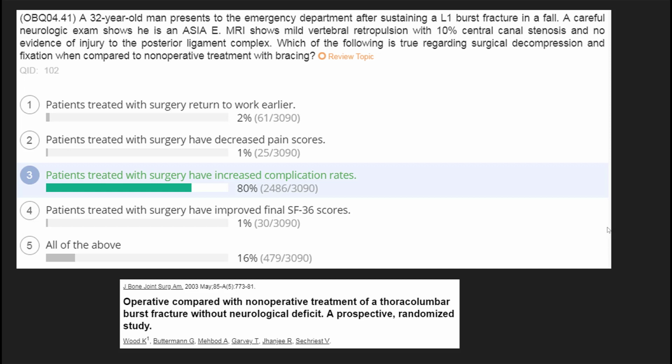So this article was in 2003. This was a backlash to pedicle screws, because when pedicle screws in the thoracic spine became very popular, around '97, '98, '99, before that it was hooks. So all the trauma surgeons were treating everybody with 4 screws above, 4 screws below for every burst fracture.